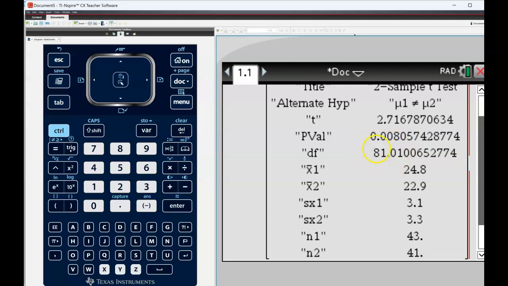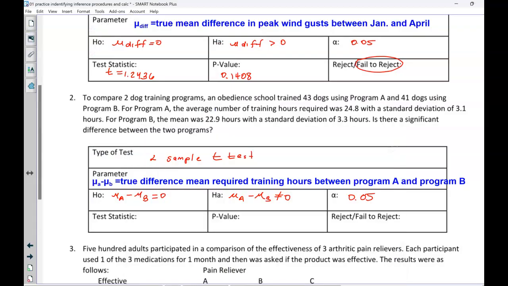And when you're calculating degrees of freedom for the two-sample t, you need to run the calculator first, and you could either round up or round down. It's not going to make that much of a difference. So let's record that information into problem 2.